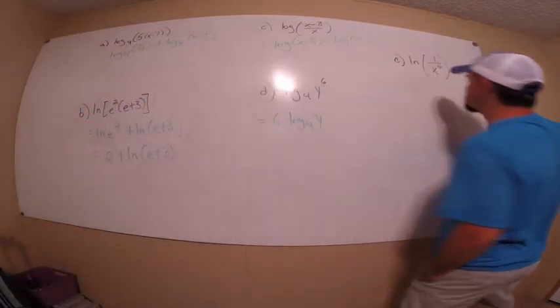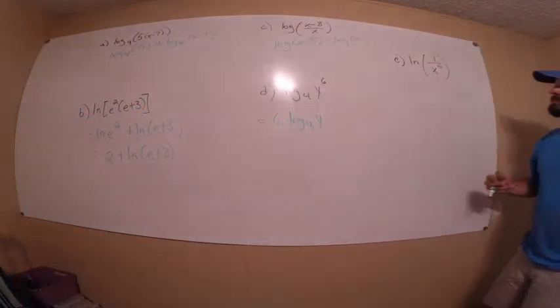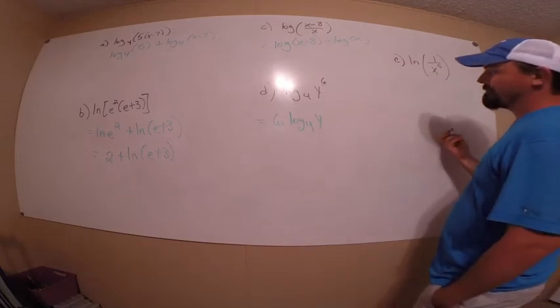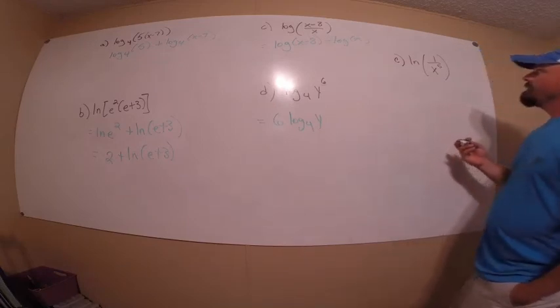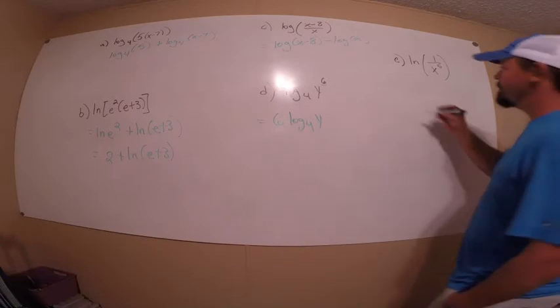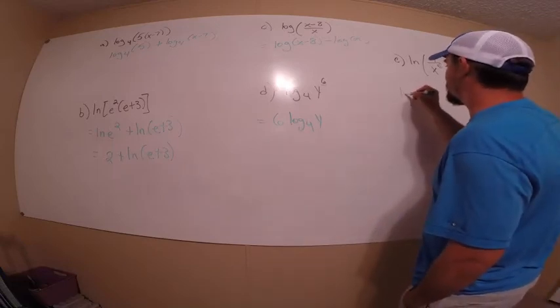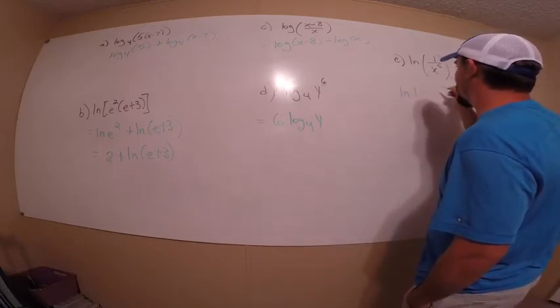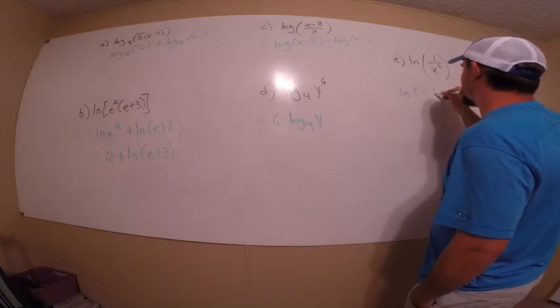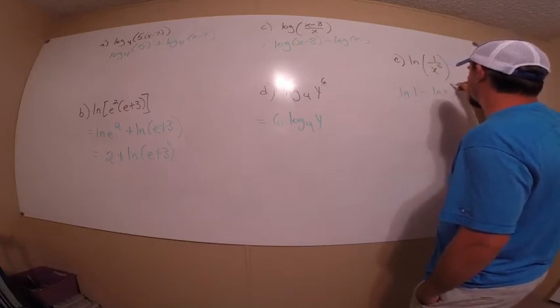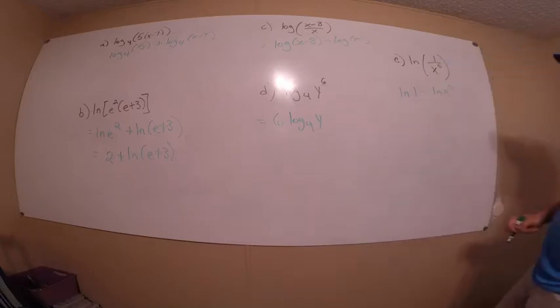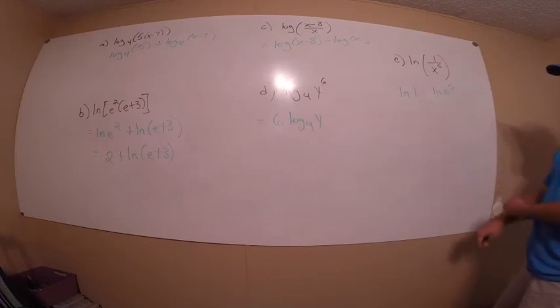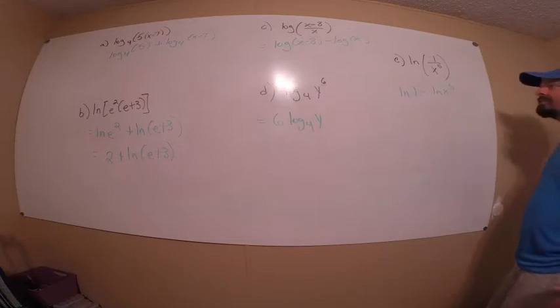E, you can do a few things on E. You could say that's the natural log of 1 minus the natural log of x to the 5th. The natural log of 1, that's the same thing as log base e of 1.